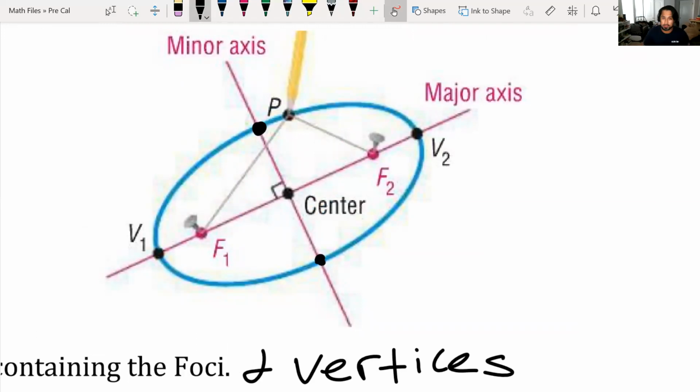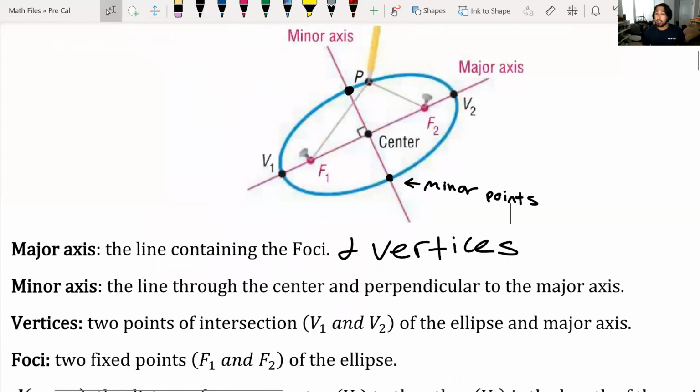These points are called the minor points. So the minor axis contains the minor points.